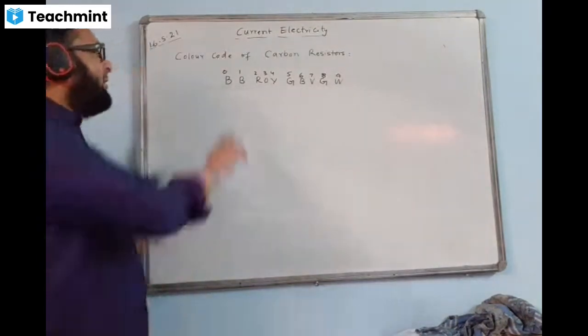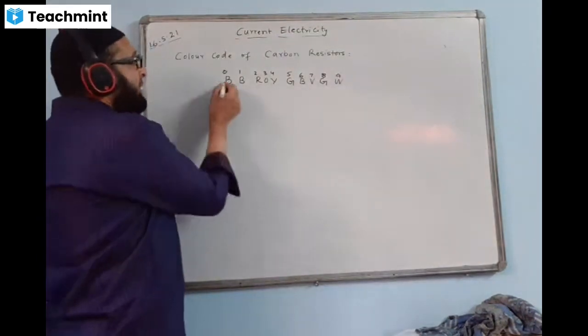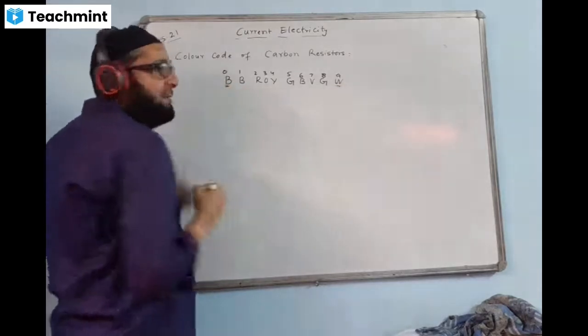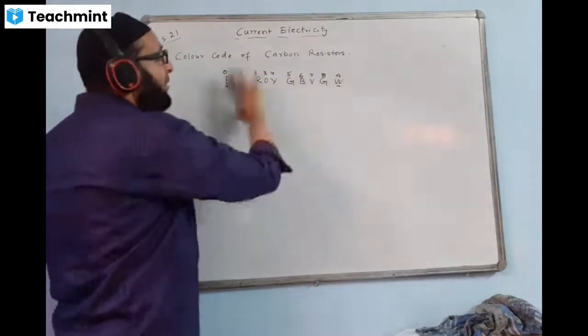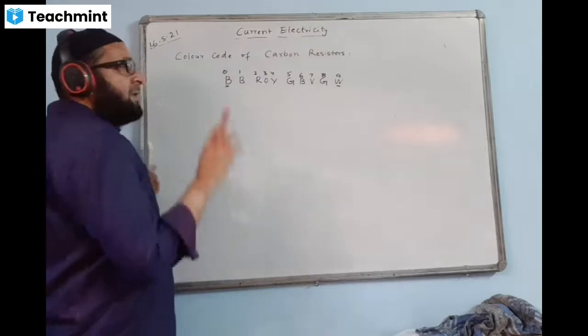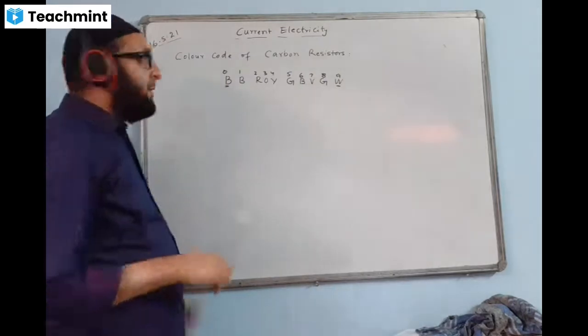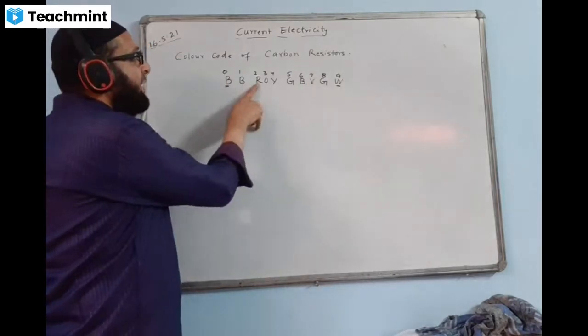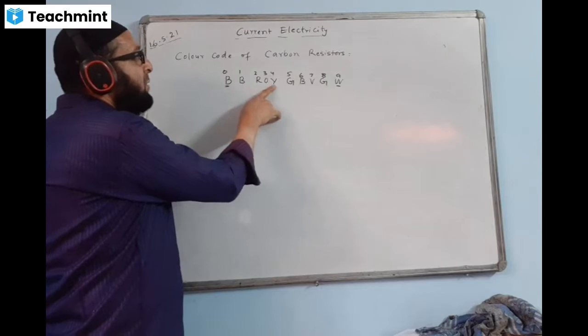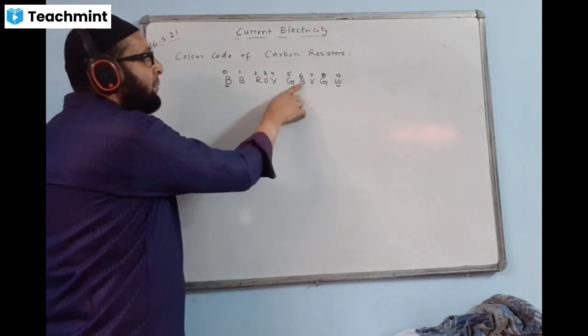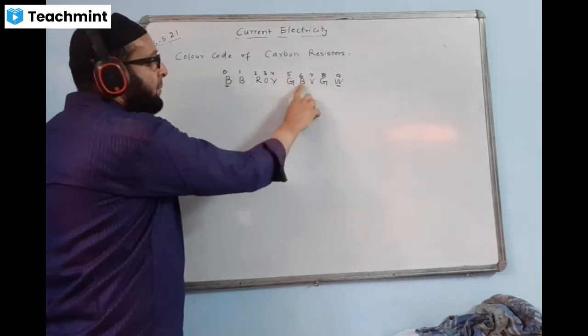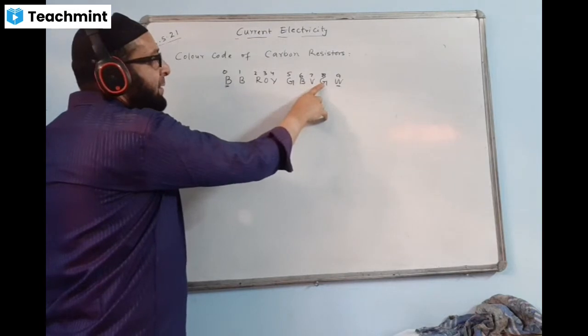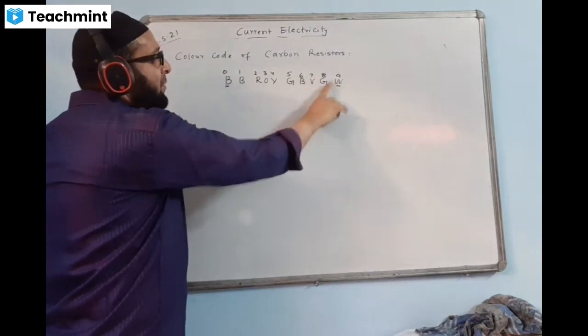Okay. Now they all represent colors. This is black. This one is white. Between black and white, all the other colors are coming. Similar types of colors will be close by. This is brown. This is red, orange, yellow, green, blue, violet. Blue and violet are close by. Gray and white are close by.